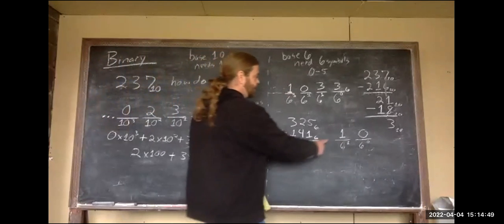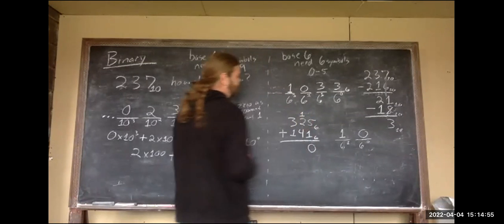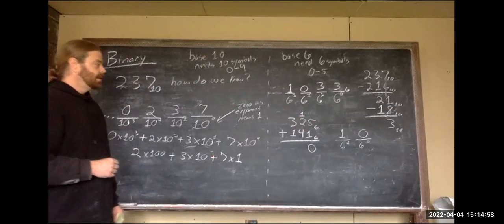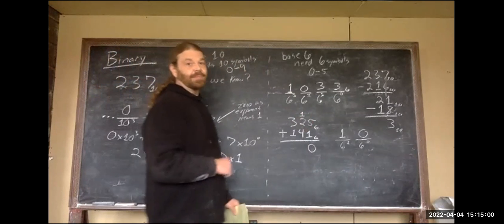So a 6 is 10, which takes 2 columns, so we're at a 0 there and carry our 1 over to the next column.